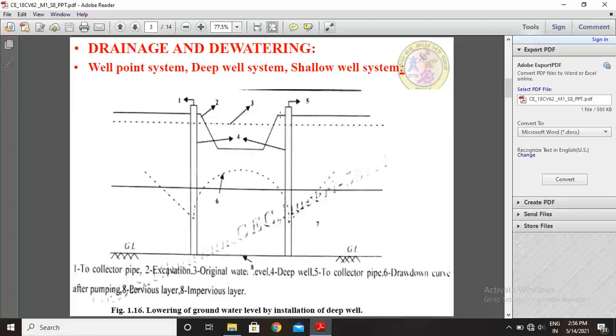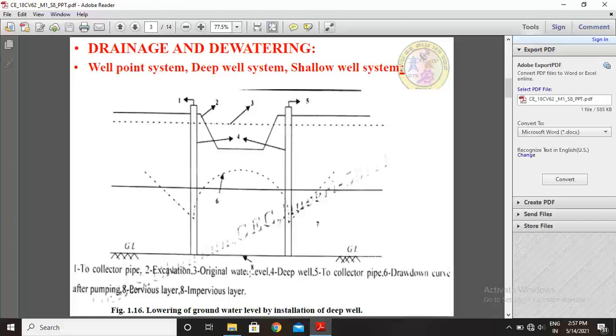This is the original groundwater level, and this fourth one is the deep well, and these fifth ones are two collector pipes. The sixth one, these dotted lines, is the drawdown curve after pumping, and this is the pervious layer below the ground level.